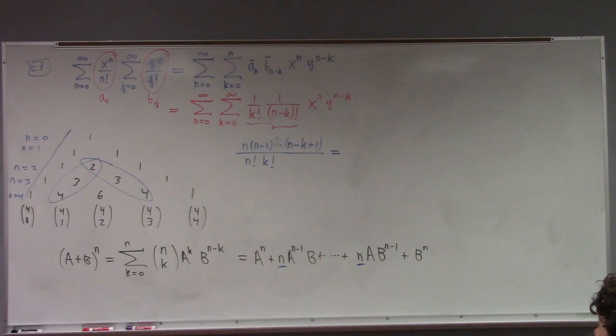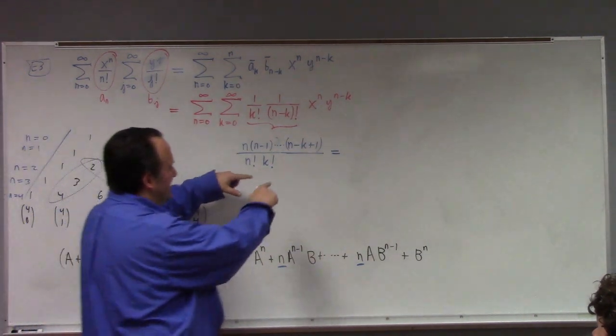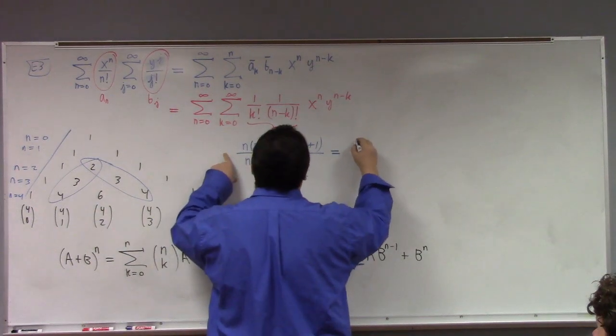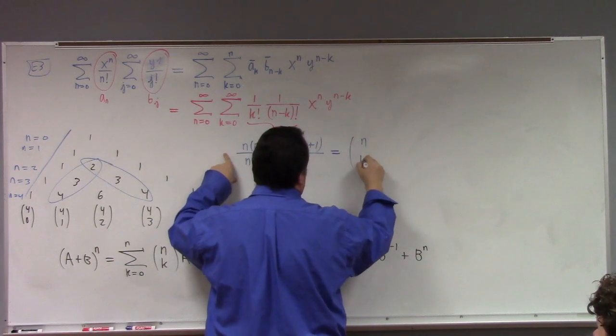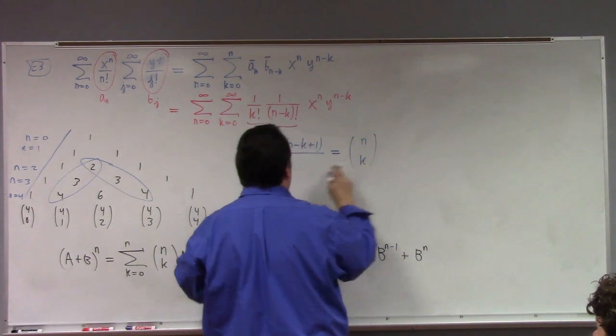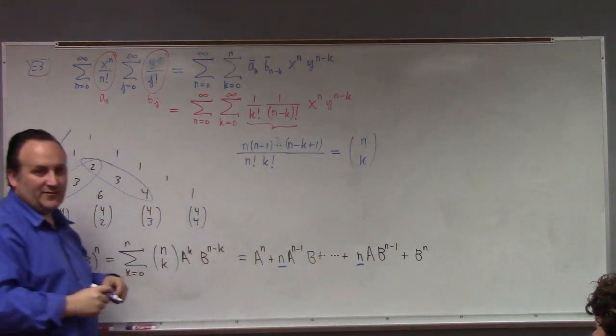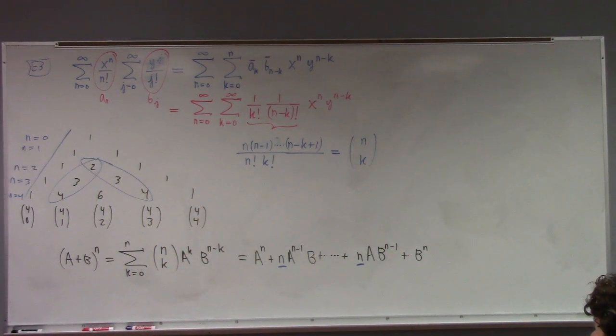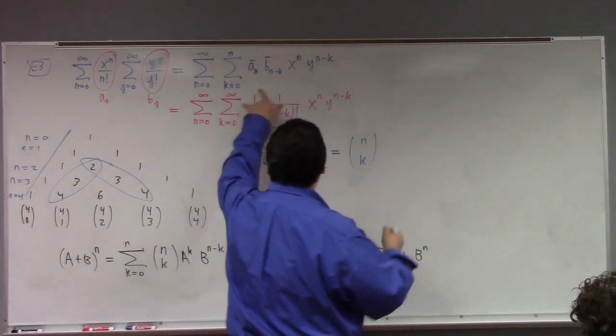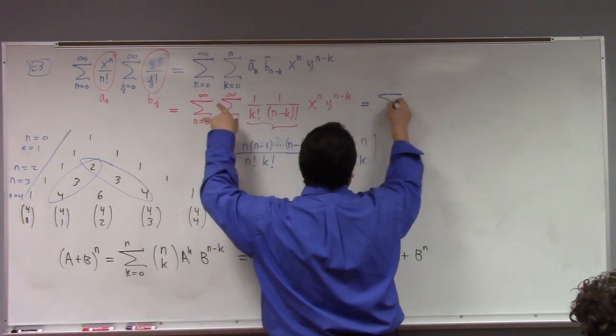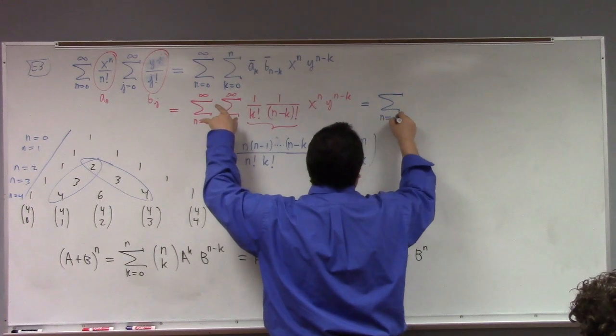But anyway, my point to you is after we sort things out, this is equal to actually n choose k. What I'm forgetting at the moment is the formula for n choose k, okay? The most efficient formula. But anyway, my larger point is that this right here is exactly the sum n equals 0 to infinity.